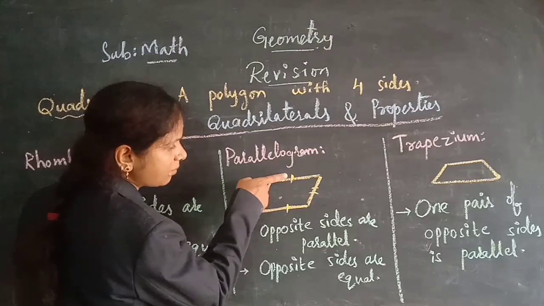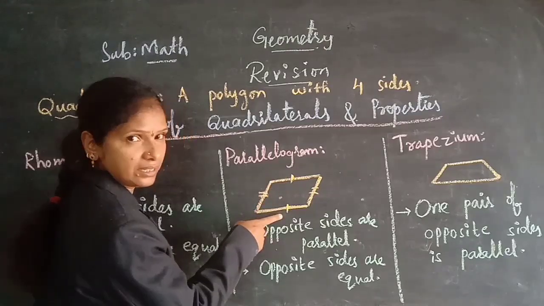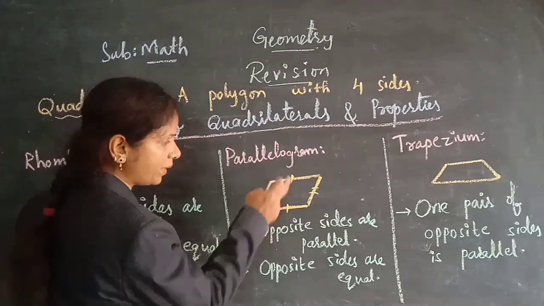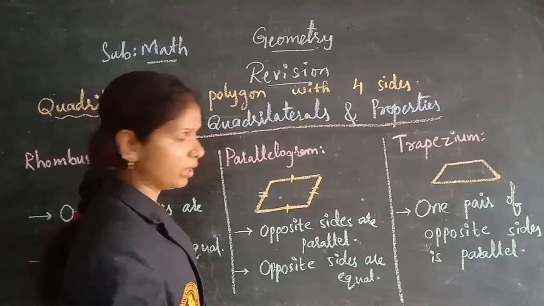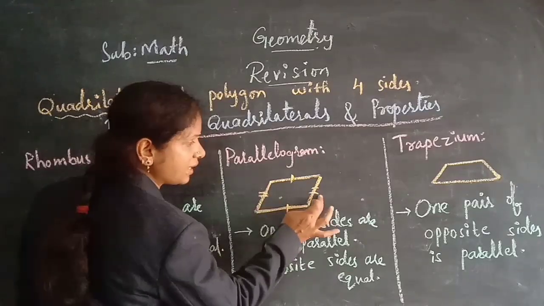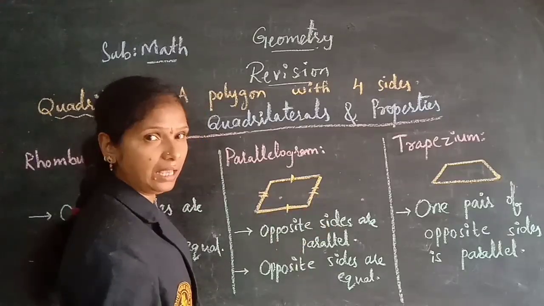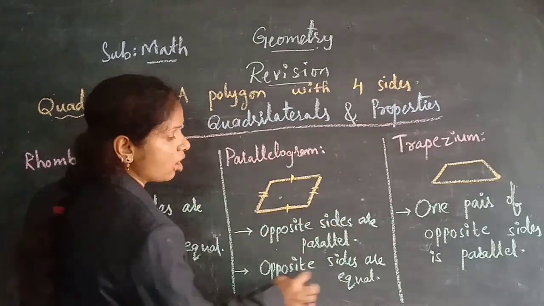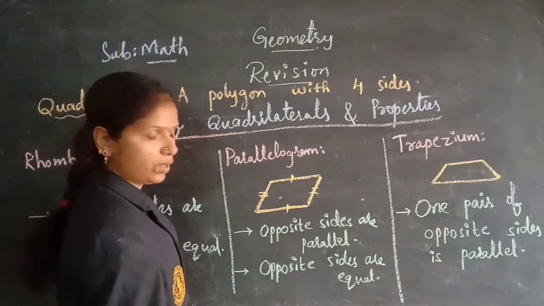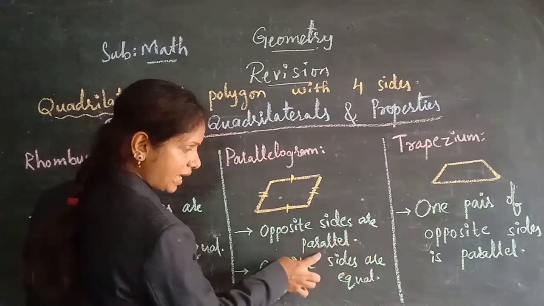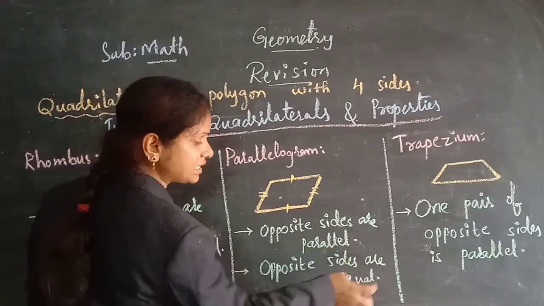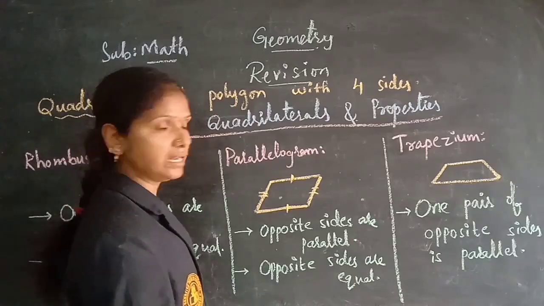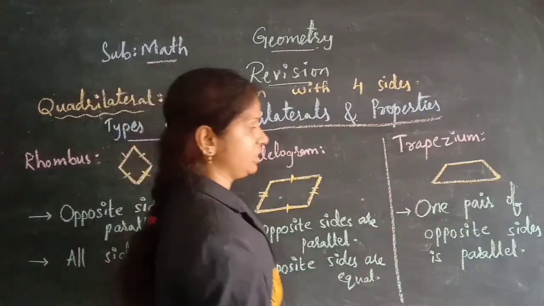This line segment length and this line segment length should be equal, nothing but top and bottom lengths equal, and left and right lengths equal. Opposite sides are parallel and opposite side lengths are equal.